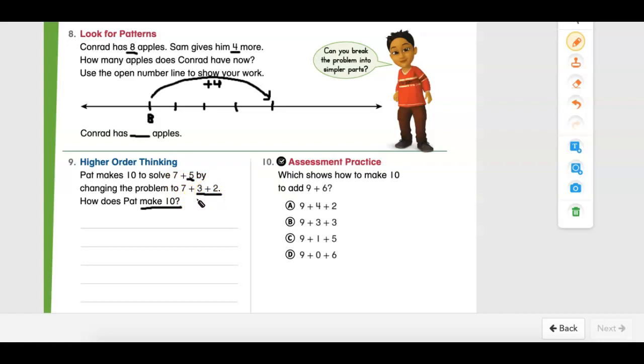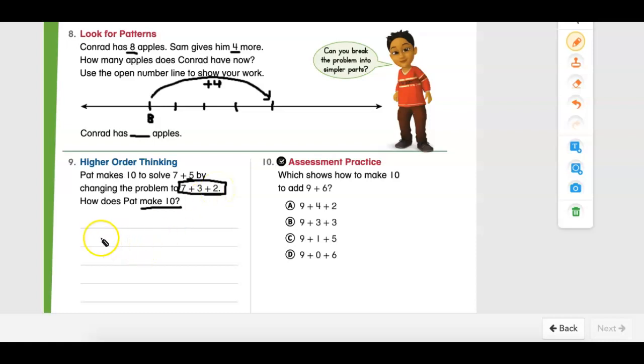So if Pat is going to make 10 by changing the problem to 7 plus 3 plus 2, what two numbers from this equation would Pat add together to make 10? Would Pat add together 7 plus 3 to make 10? 7 plus 2 to make 10? 3 plus 2 to make 10?